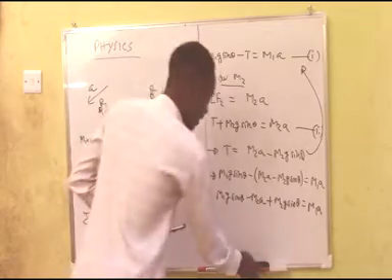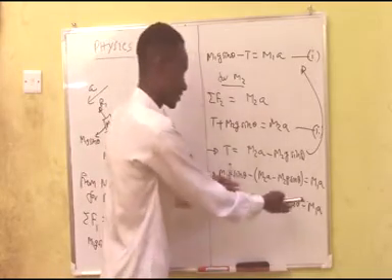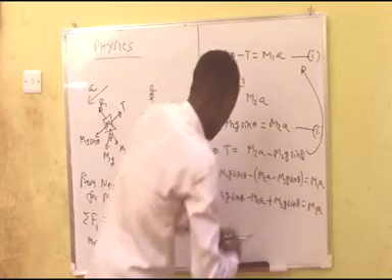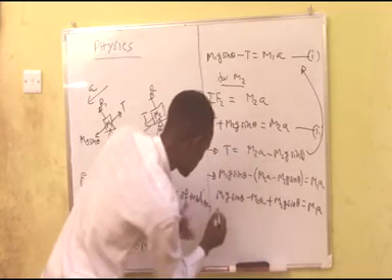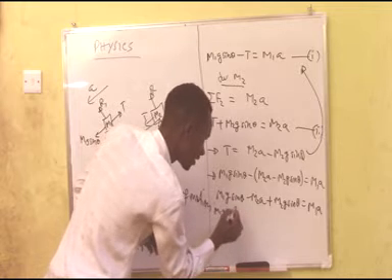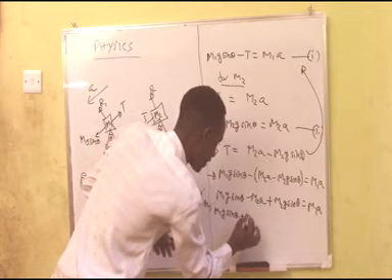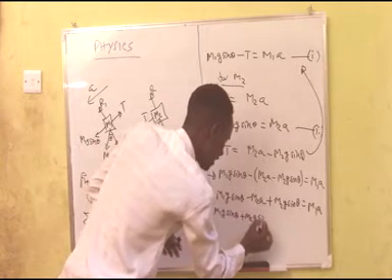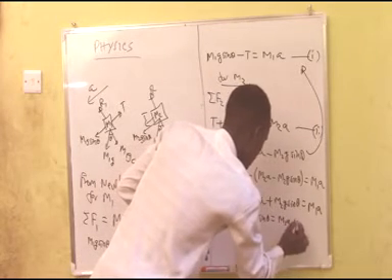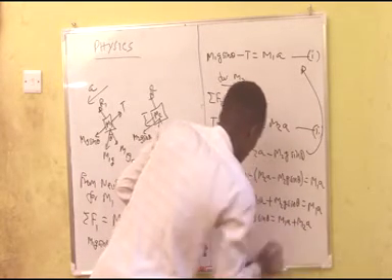Assemble the similar expressions, for instance, for acceleration A. This becomes m1g sine of theta plus m2g sine of theta equals m1 times a plus m2 times a.